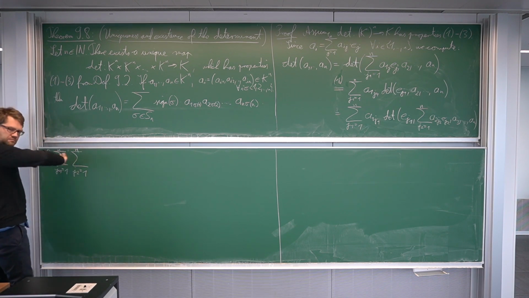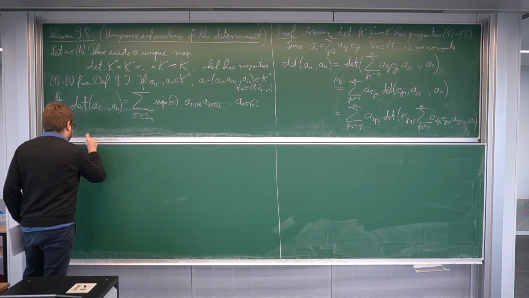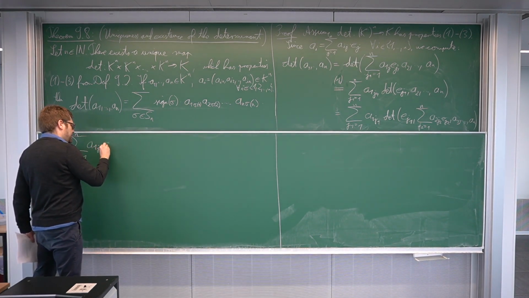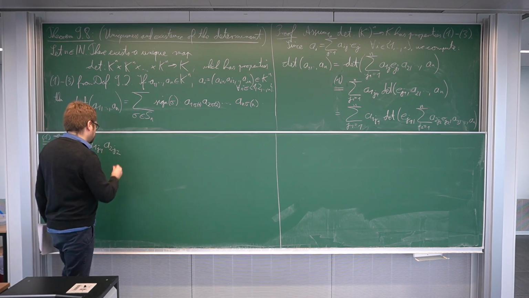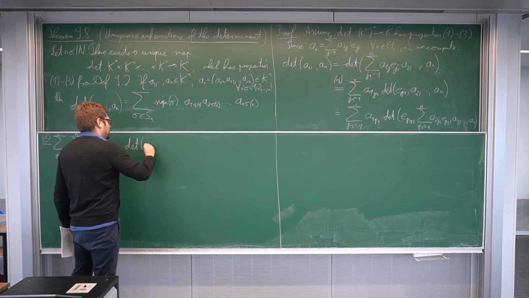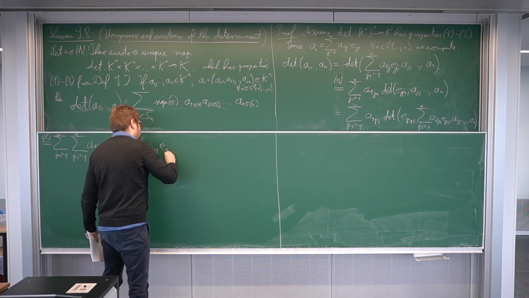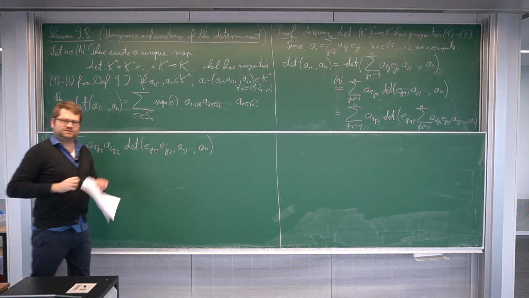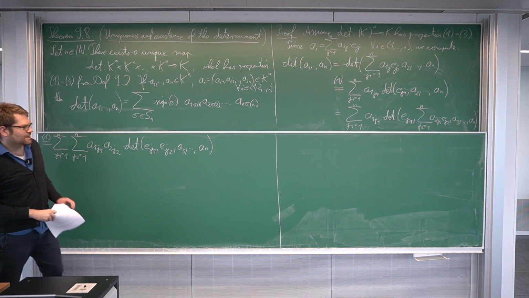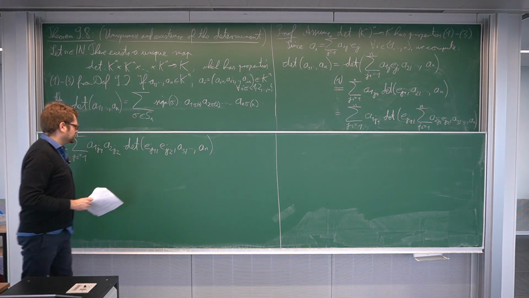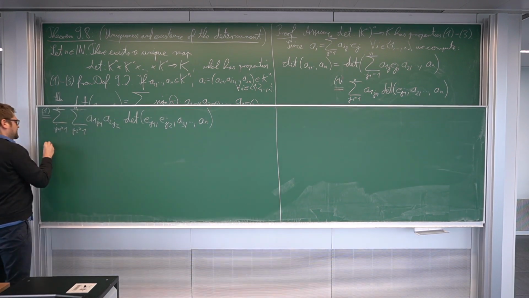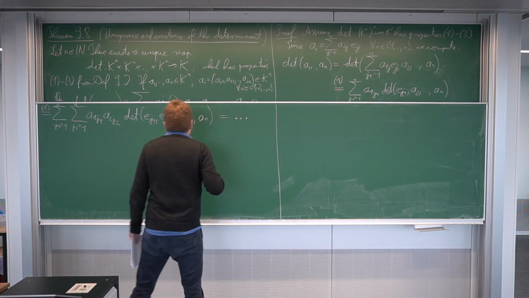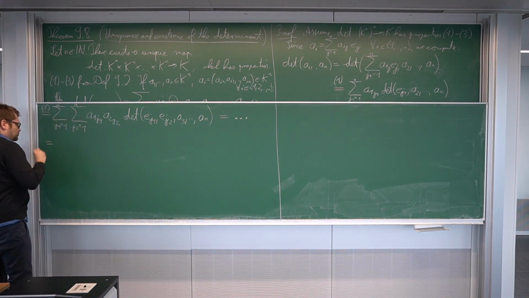Once I've written down the term A1 j1, we've got A2 j2 as coefficients, and now we have the determinant of ej1, ej2, and then A3 to AN. And now guess what? We can do the same thing for A3 and so on and so on until we arrive at the end, until we have really done this for every term. We can do this again and again. Let me just abbreviate this by dot, dot, dot. But since this is finitely many steps, this doesn't need an induction proof or something.